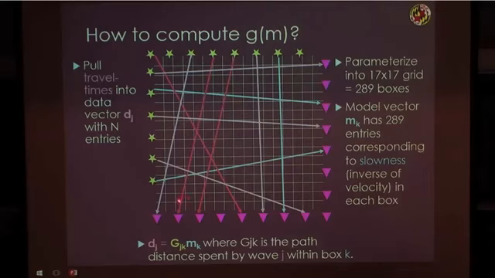So essentially it's how long this line is inside this box, right? And you do that for all the boxes and all the rays, and you can imagine you have this giant matrix. It would be 13 million by 289. And most of it will be zeros because most rays don't go through most boxes, right?